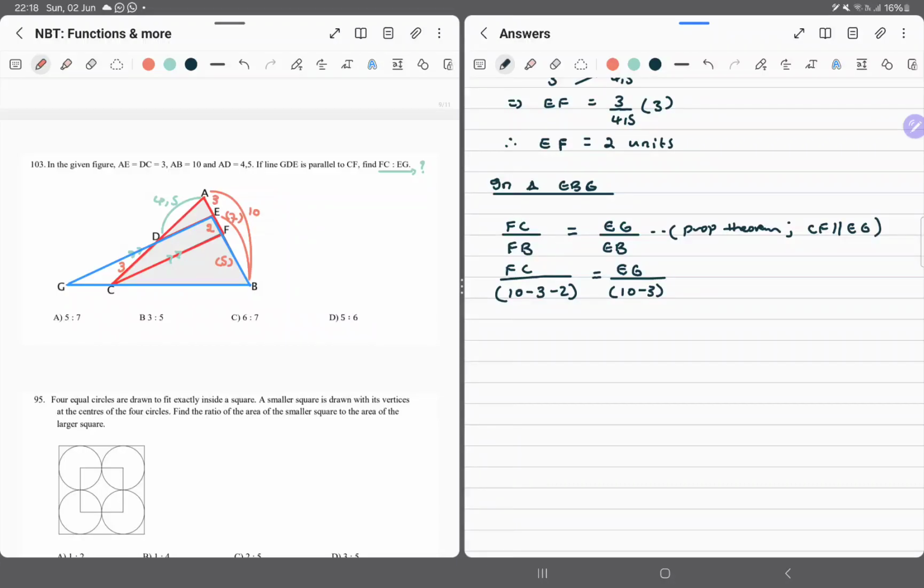Okay, so it is nice to show these calculations at some point, especially when you are lazy to do multiple calculations that are boring. The only thing that you need to make sure doesn't happen is mistakes, okay? Simplify, simplify. So basically this is 10 minus 3, 7 minus 2, this is 5. Can you see? Great. Now that 5 comes out, and then we've got EG over 10 minus 3, this is 7.